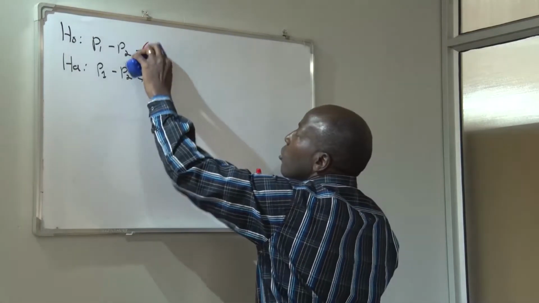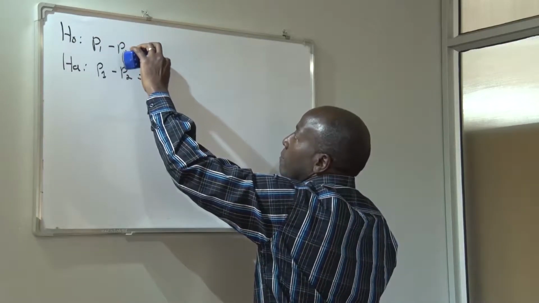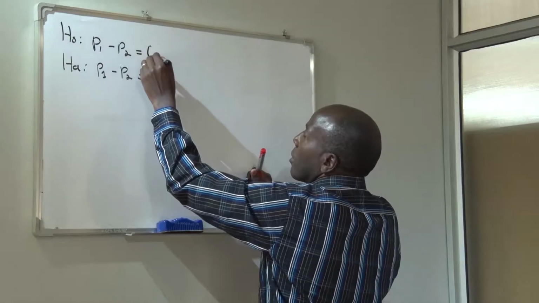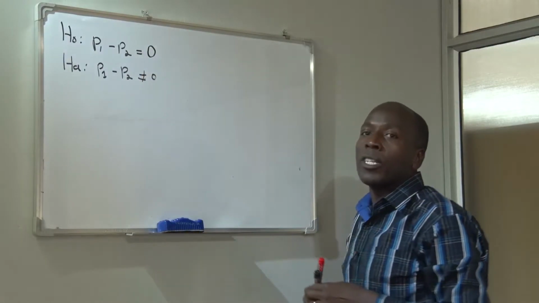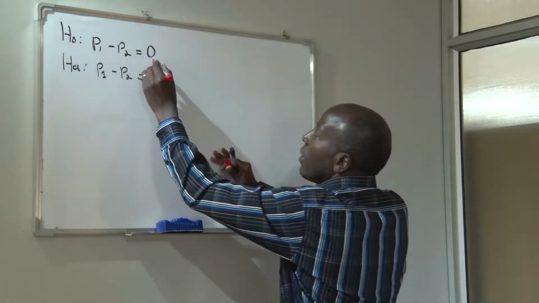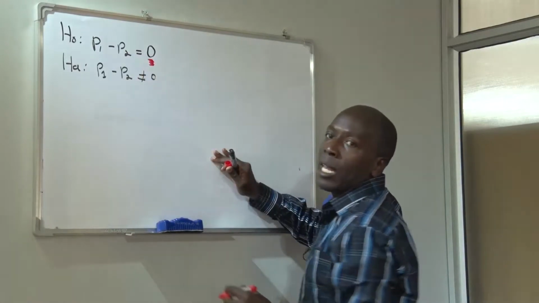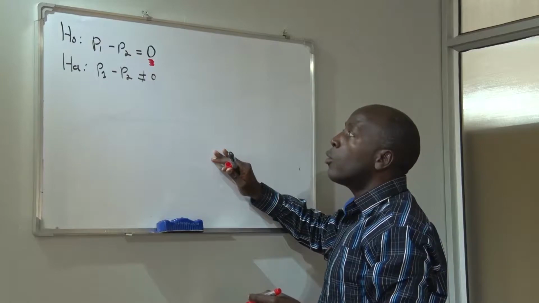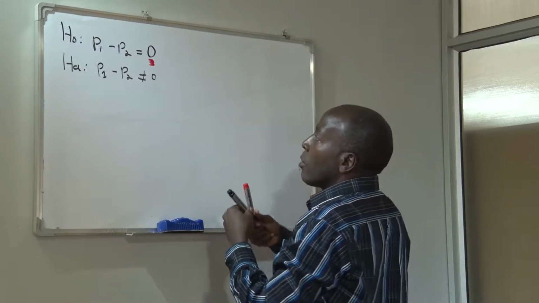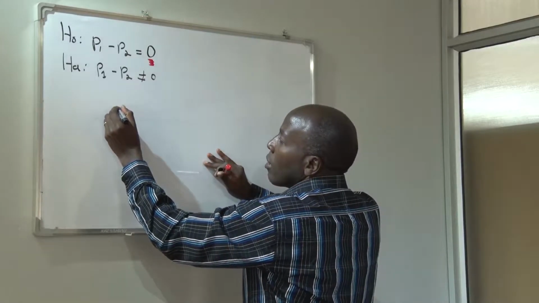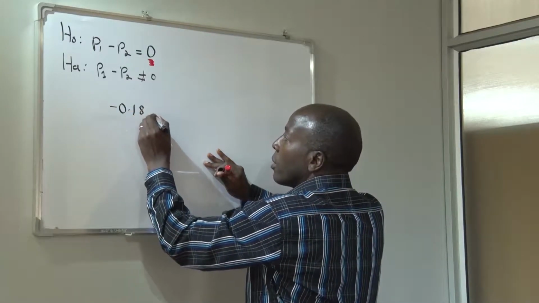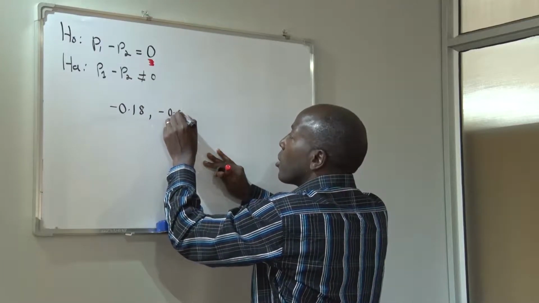Rejection or failure to reject the null hypothesis using the confidence interval depends on two things. One, the value that is hypothesized under the null hypothesis, and two, the confidence interval itself. In the previous example, the confidence interval was minus 0.18 to minus 0.02.